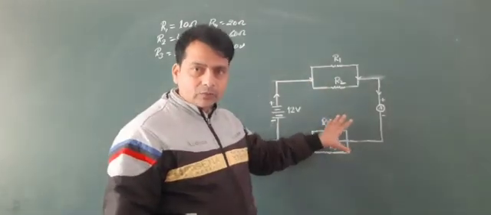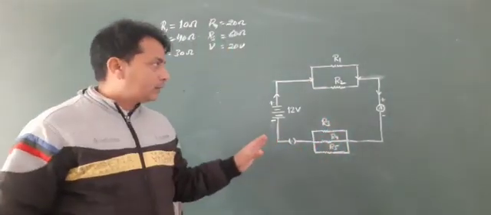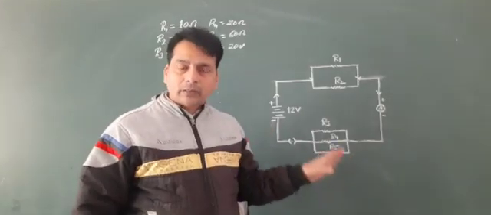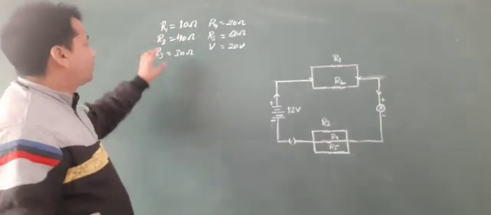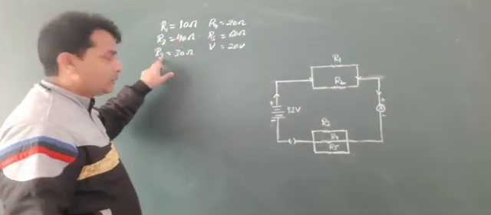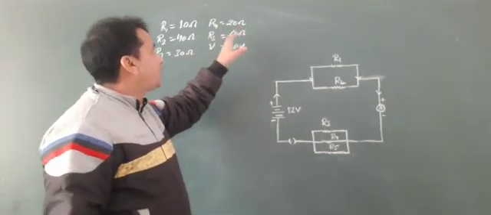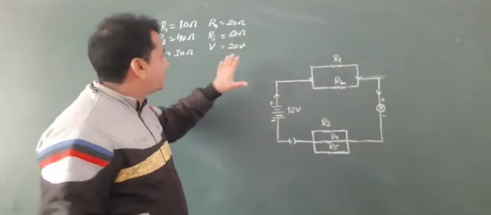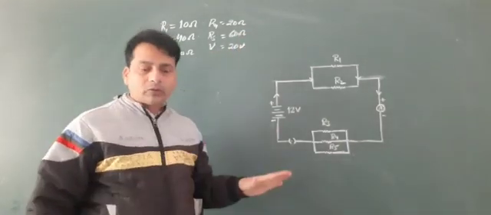These resistors are used in this circuit diagram, and according to this question, the values of resistance are given here. R1 equal to 10 ohm, R2 equal to 40 ohm, R3 equal to 30 ohm, R4 equal to 20 ohm, R5 equal to 60 ohm, and the potential difference here is 20 volt.